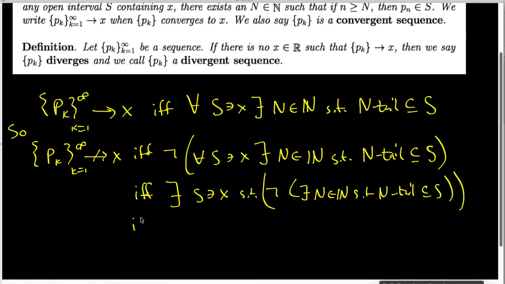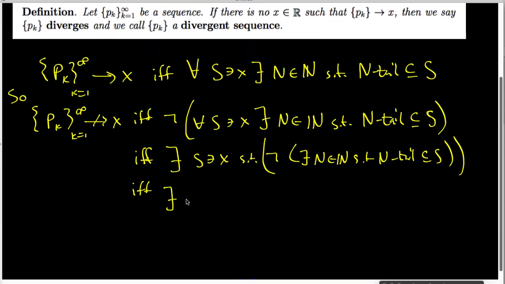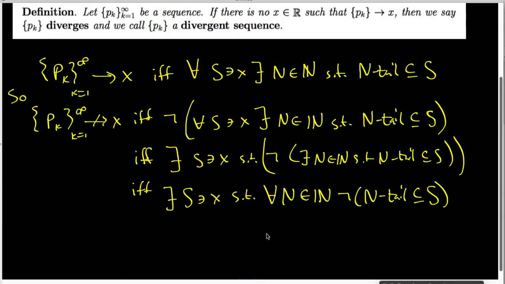So now what I'm going to do is negate the second quantifier. So we have there exists an open interval S that contains x such that the negation of an existentially quantified statement is a for all. So for all capital N's inside the set of natural numbers, we have the negation of the N-tail is a subset of the open interval.